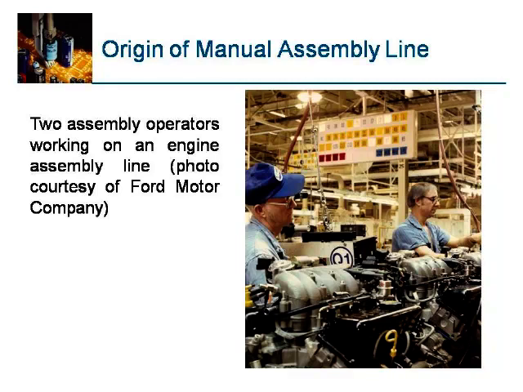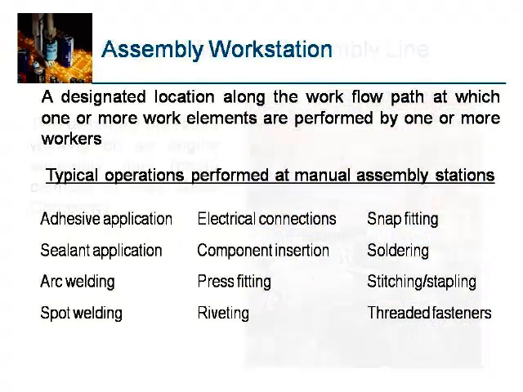This is a Ford Motor Company, where assembly of a Ford motor is done. Assembly workstation, a designated location along the workflow path at which one or more work elements are performed by one or more workers, as we had seen previously. This definition is already given. Once again, to stress upon that only, this is given.